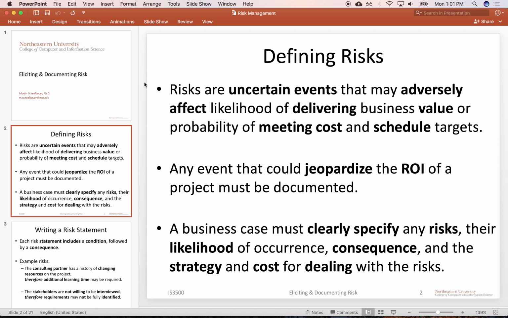So as we mentioned earlier, risks are just things that could go wrong, right? Uncertain events. And we mentioned that we wanted to measure them, two things, right? We want to measure the likelihood of these events occurring, and if they did occur, what would actually be their impact. Right?